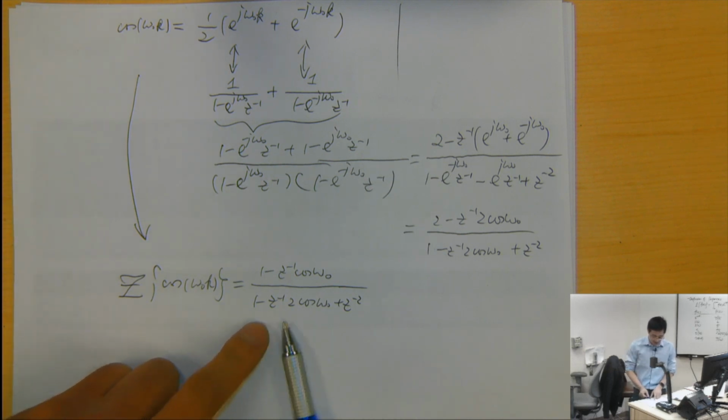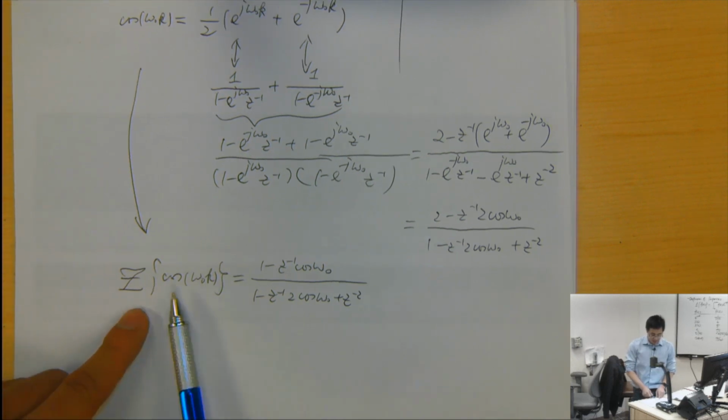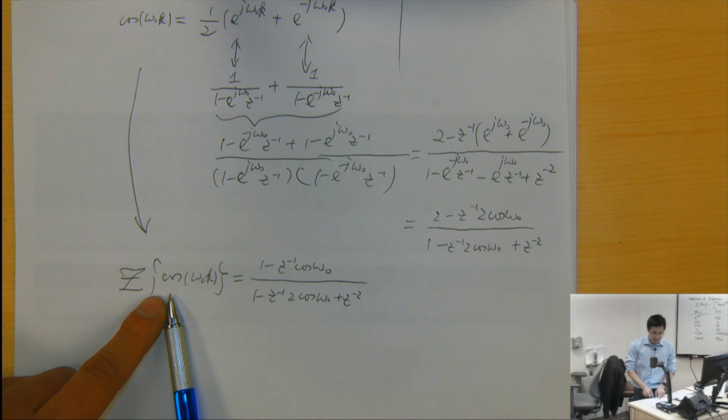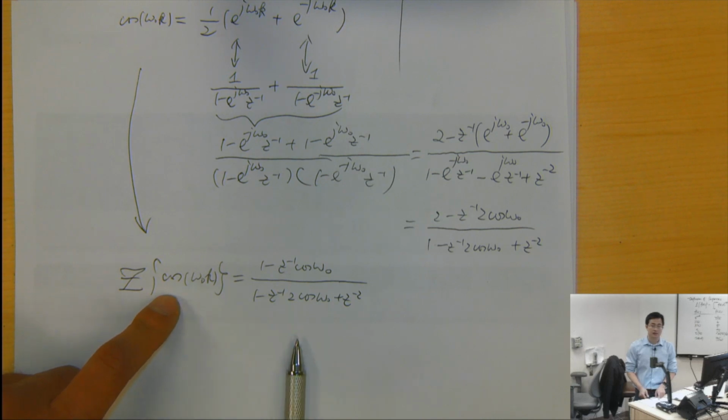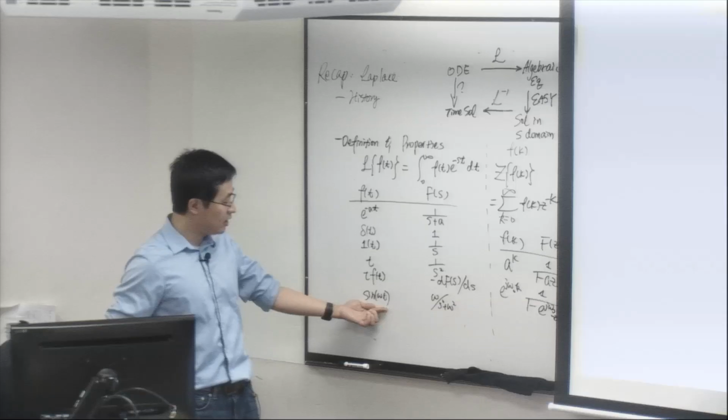Now let's take a look at the formula and build some insights into it. In the S domain, cosine omega t is what? A second order function of s. I got sine, but we talked about cosine.